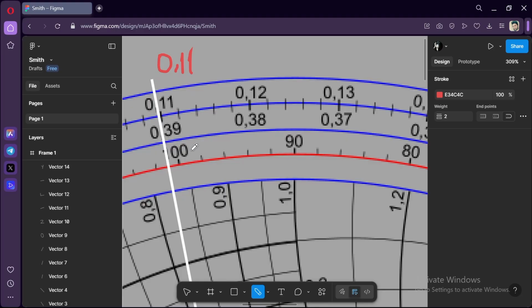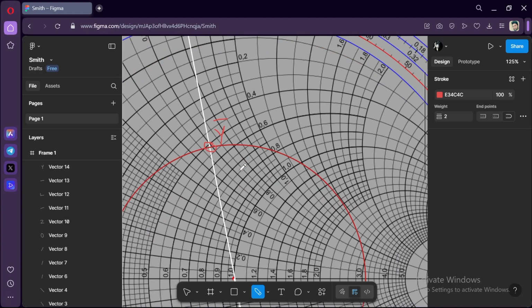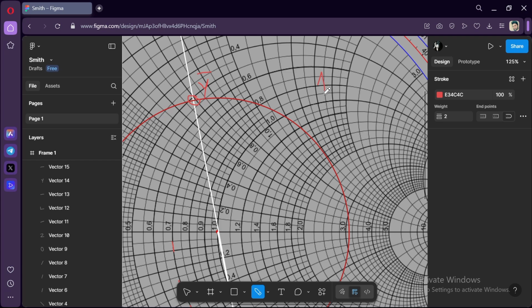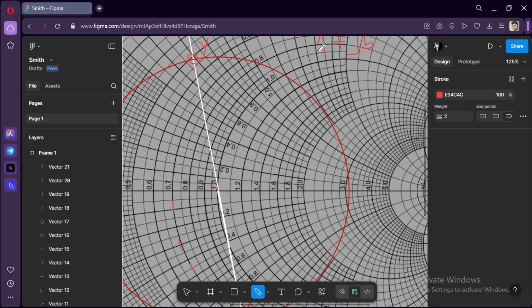We have found this. Also, we need the 1 plus or minus jB circle, which is this one. This circle is coming here, so let's draw this circle also.